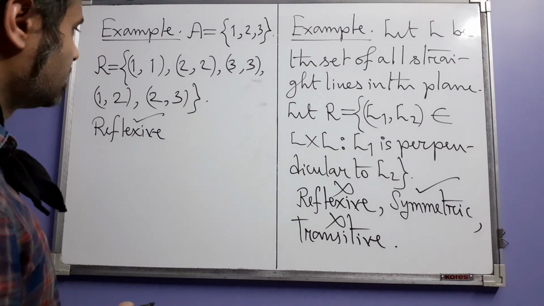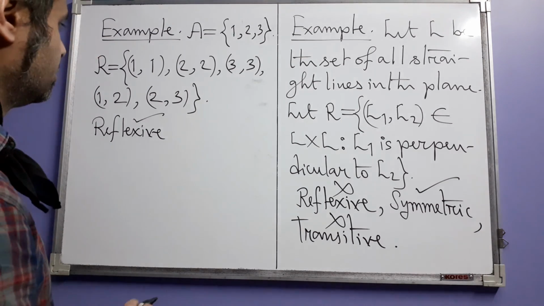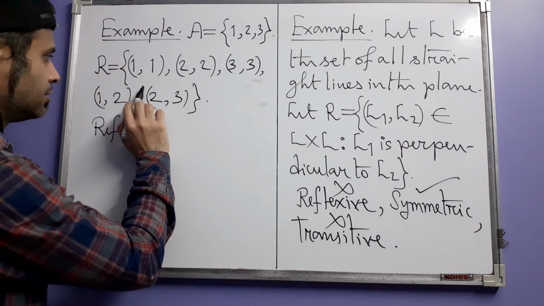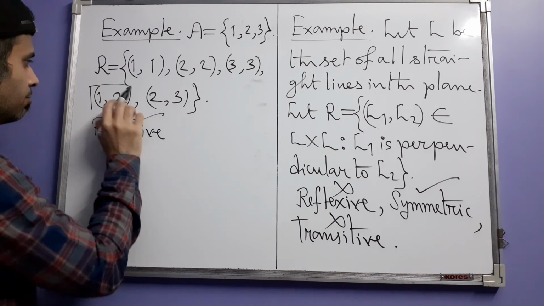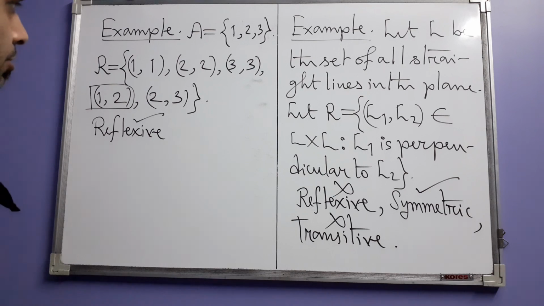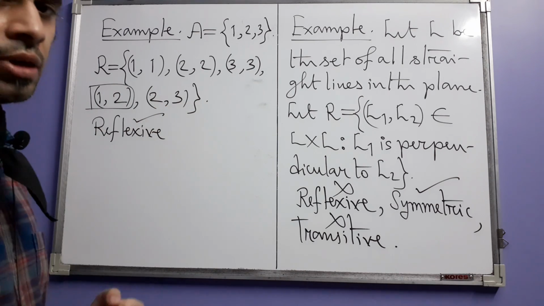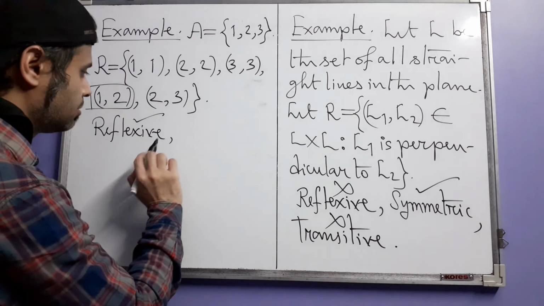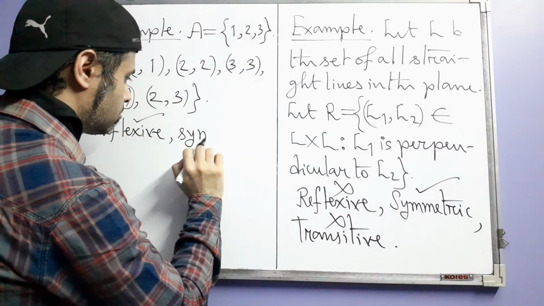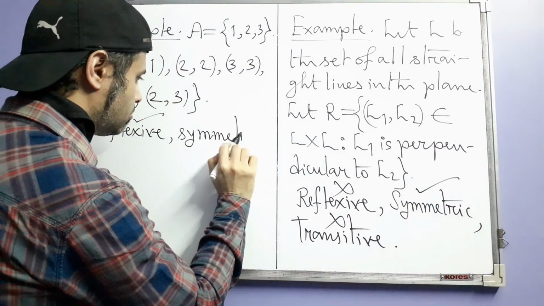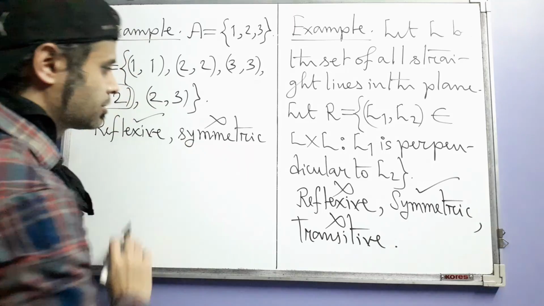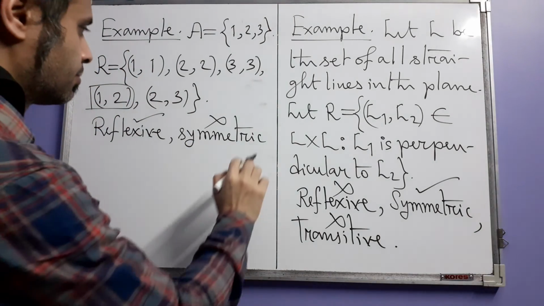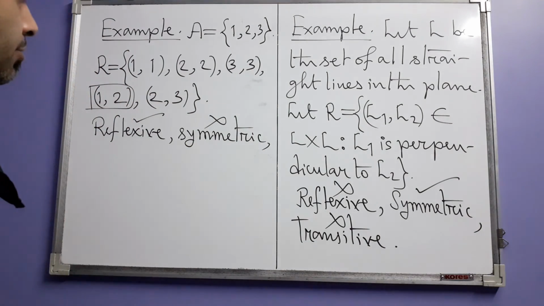What about symmetry? It is not symmetric. You can immediately see why. For example, 1 comma 2 belongs to R, but 2 comma 1 cannot be found here. So that is why it is not symmetric. Is it transitive?